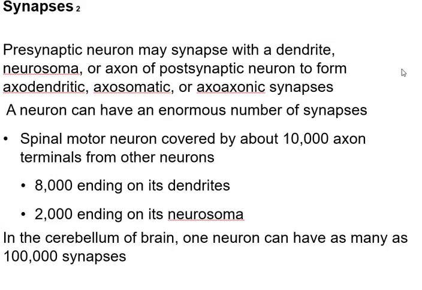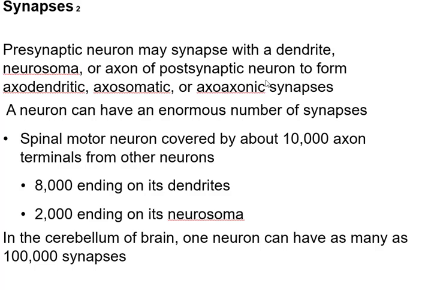And when I said that you could have a pre-synaptic axon talking to either a muscle, a nerve, or a gland, on the nerve you could talk to the dendrite, to the actual cell body of the neuron, or to another axon. So you can talk to any of the parts of a neuron. And any of these can be the post-synaptic membrane.